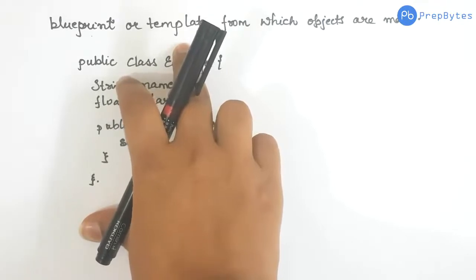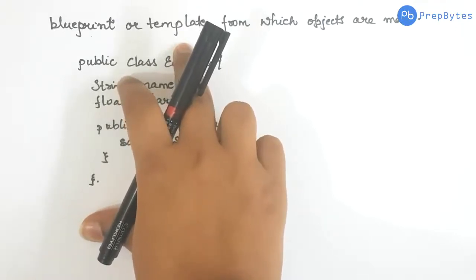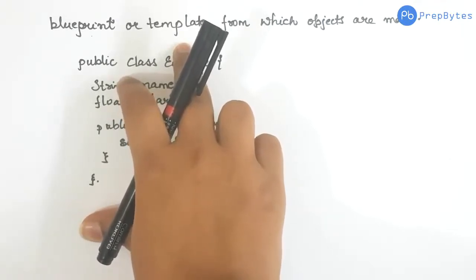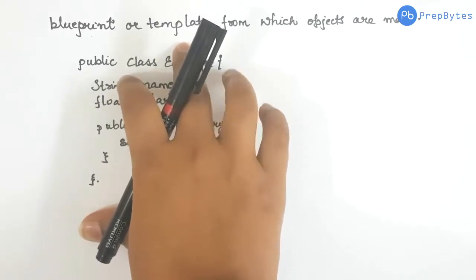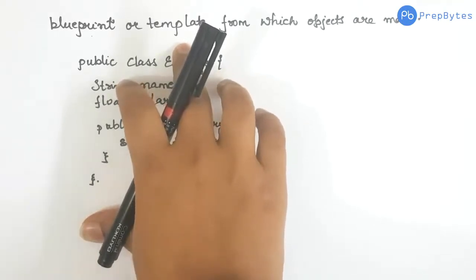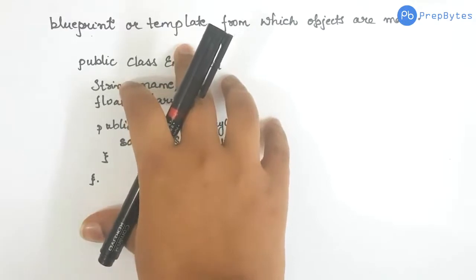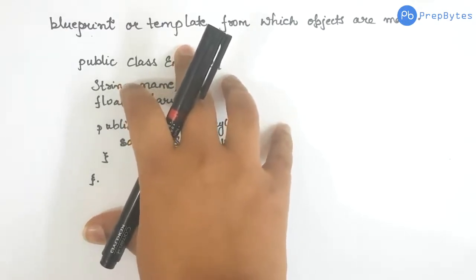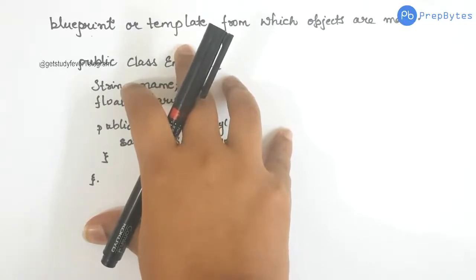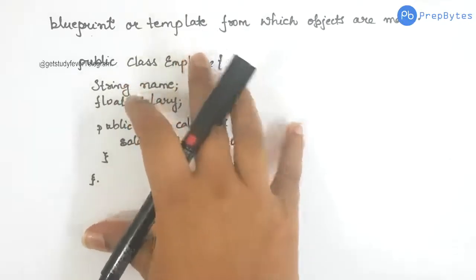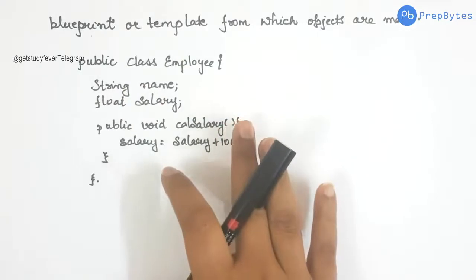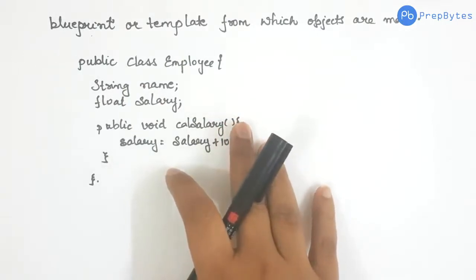When you are creating a blueprint, that is not actually a house, that is a class. And when you actually build the house using brick and everything, that is the object. The house that is actually built is the object, and the blueprint created on pen and paper was the class.